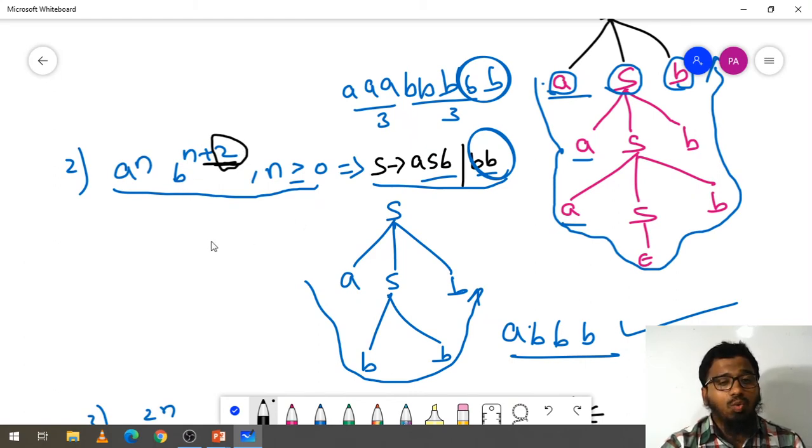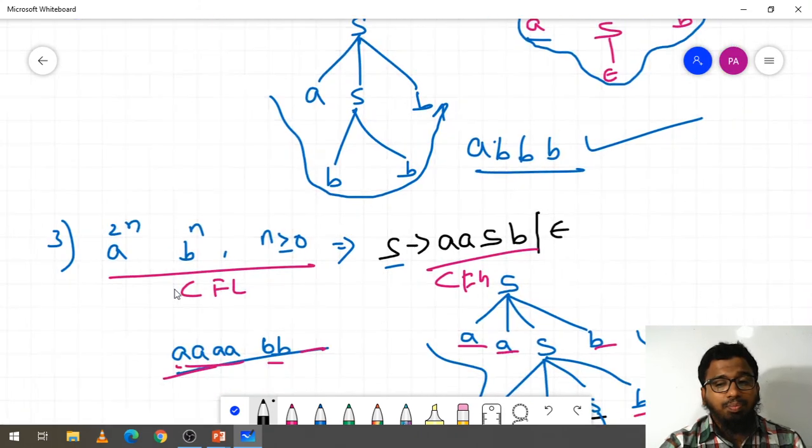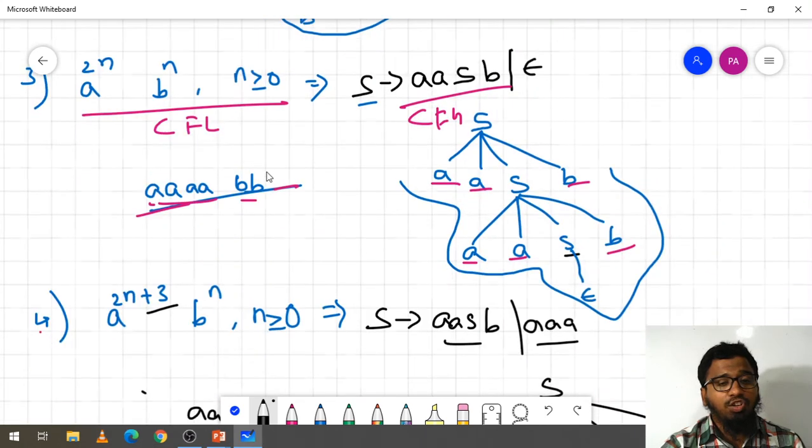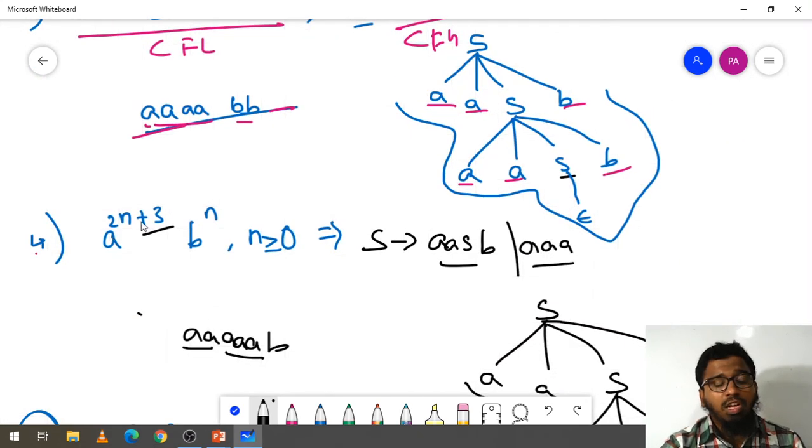So here you need to add B 2 times. Okay, if we have the multiplication like 2n, at that time we need to directly add 2 A's in the equation. If you have the combination of these two, 2 A's you need to add here, plus. 3 means A power 3, we are writing A 3 times.